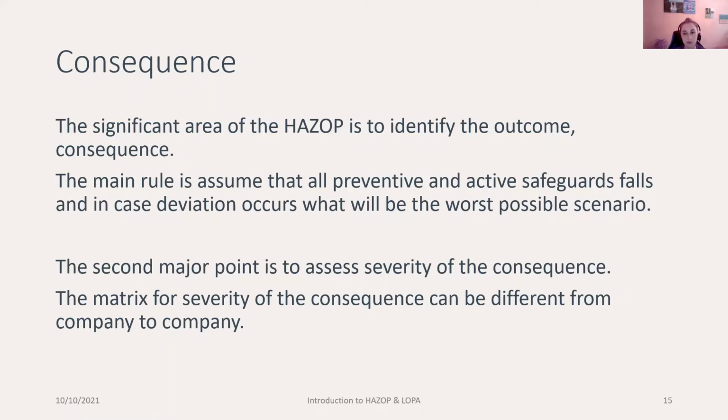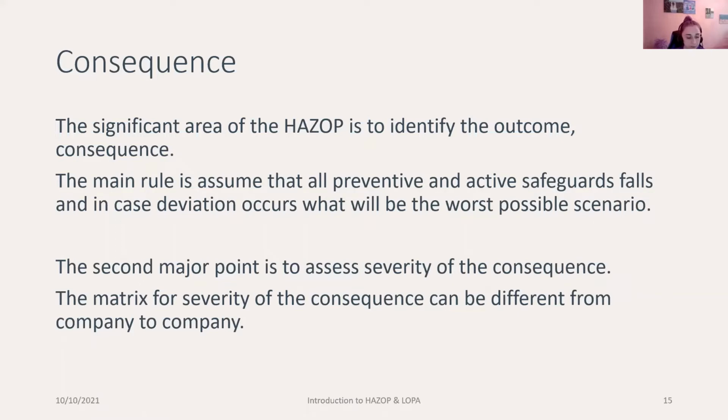Will it rupture? Will there be any leak? What are the chemicals, what is the fluid inside that piping and inside that tank? It can lead to different outcomes, to different consequences: rupture, jet fire, explosion, vapor cloud explosion, and so on.